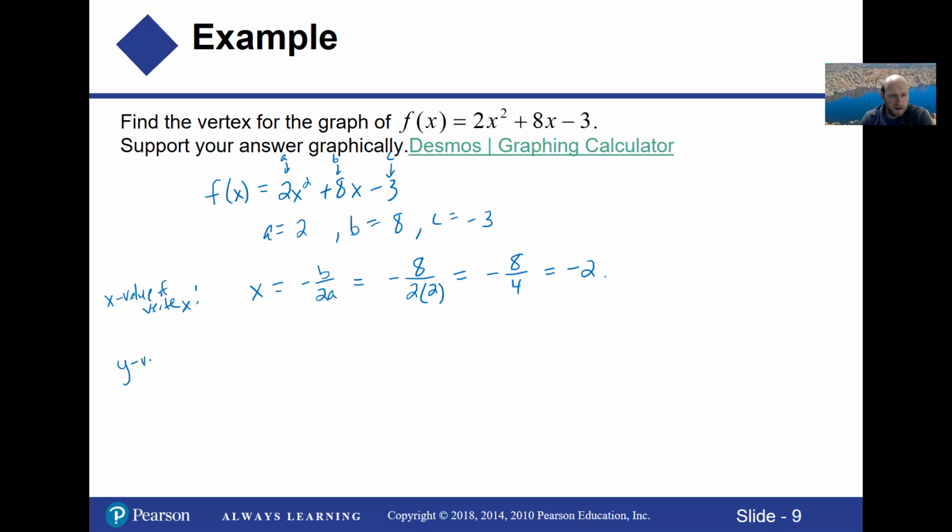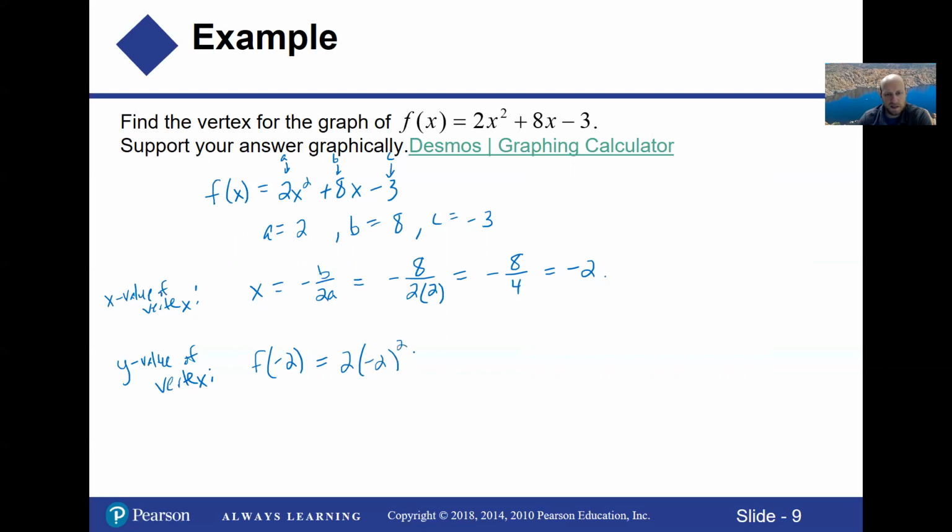Let's find the y value. Y value of vertex. My handwriting needs a little bit of help today. Sorry about that. This is y value of vertex is equal to what? Well, it's equal to f of that value. So I substitute it back into the original. I take the -2 that I just found and plug it in for all the x's in our original quadratic.